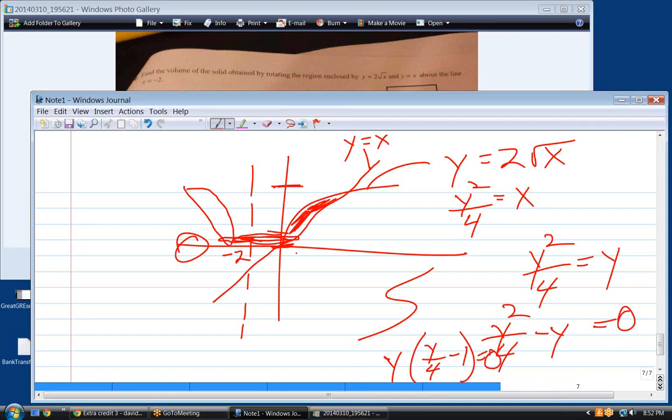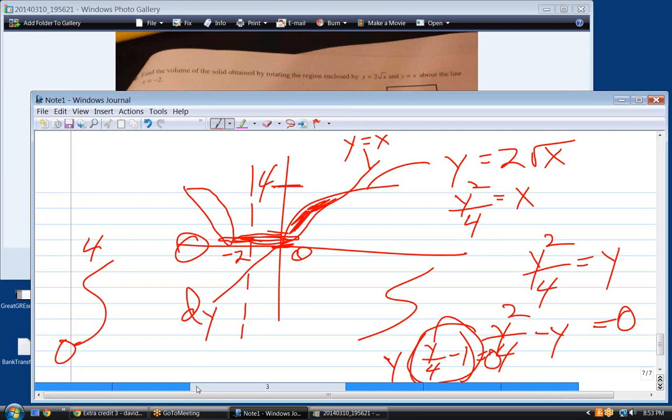So this point is 0. We knew that. That's one intersection point. And the other intersection point is 4. Solving y over 4 minus 1 equal to 0 gives me y of 4. So now I'm going to integrate from 0 to 4 dy. Pi is on the outside.